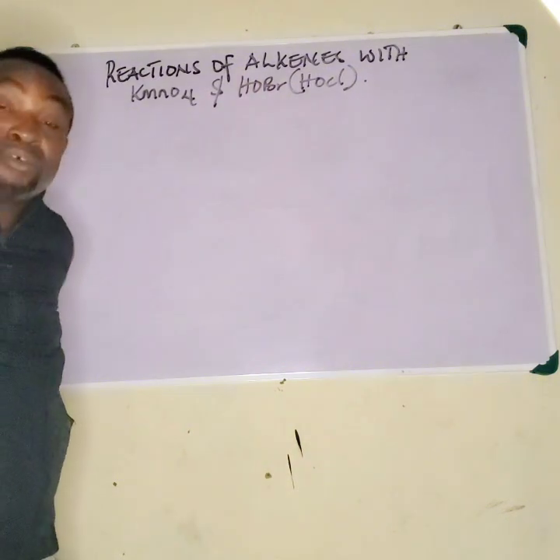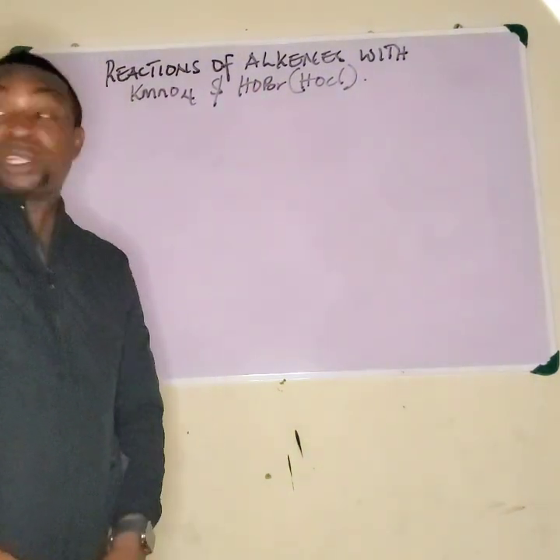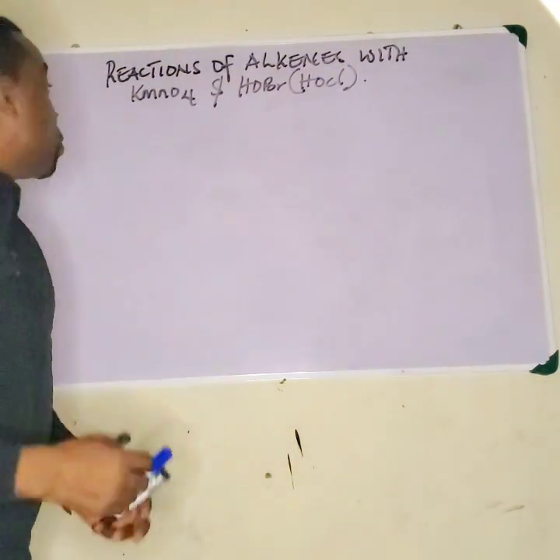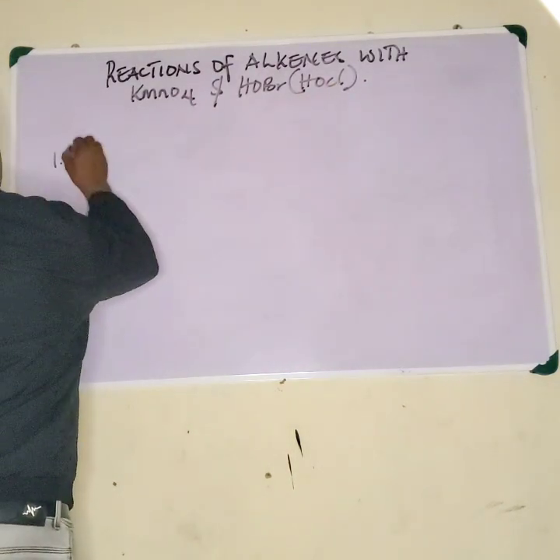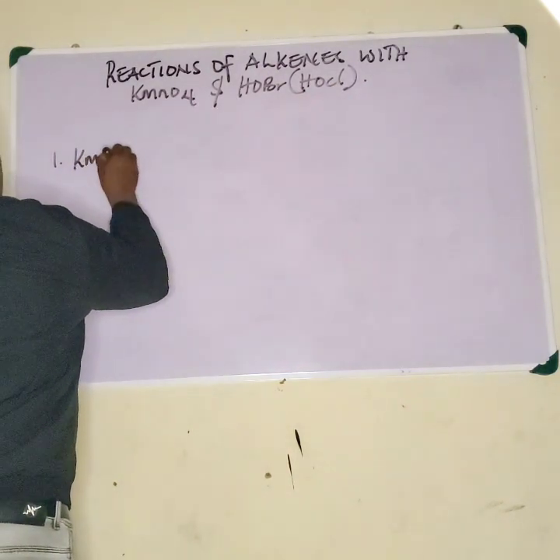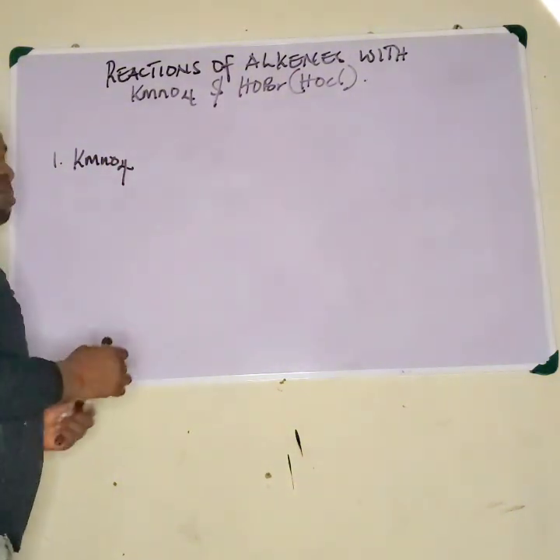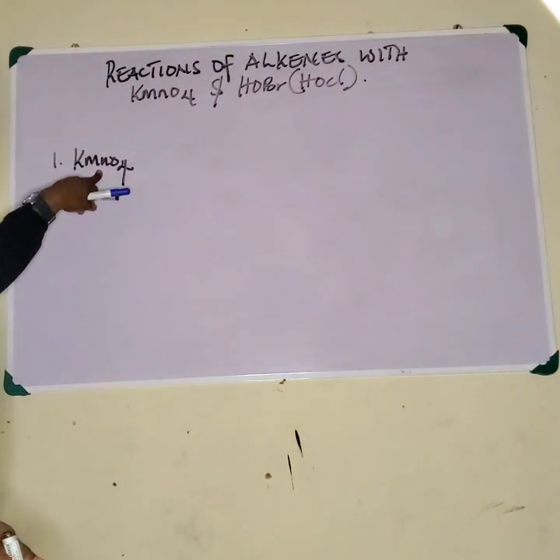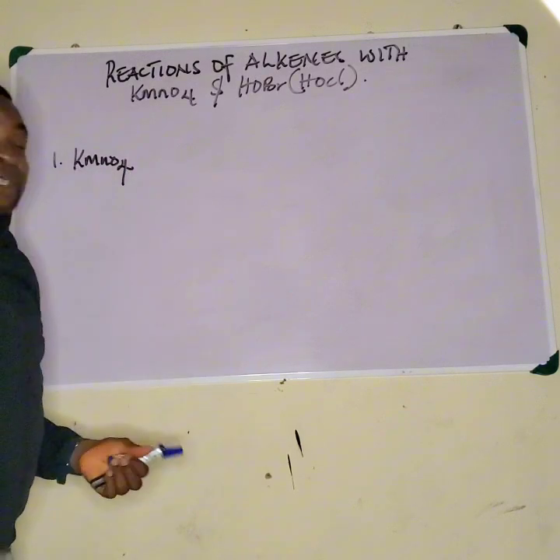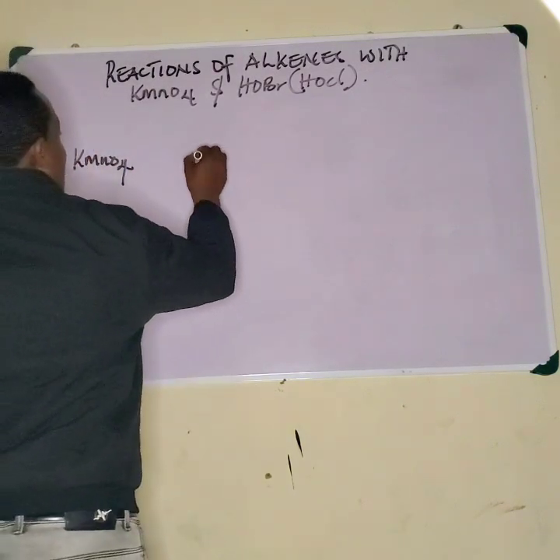Since we are not in the laboratory, let's demonstrate it by chemical reactions or equations. So the first one is reaction with KMnO4, potassium permanganate. The oxidation state of manganese here is +7. I have done oxidation.